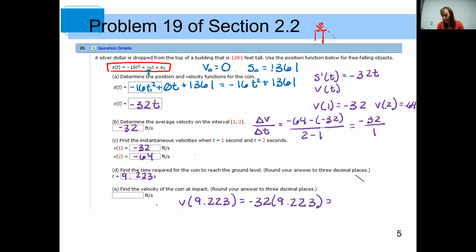And when we evaluate that, we get negative 295.136. When we round it to 3 decimal places, if you use the calculator value for the t in part D, you might get a slightly different answer.